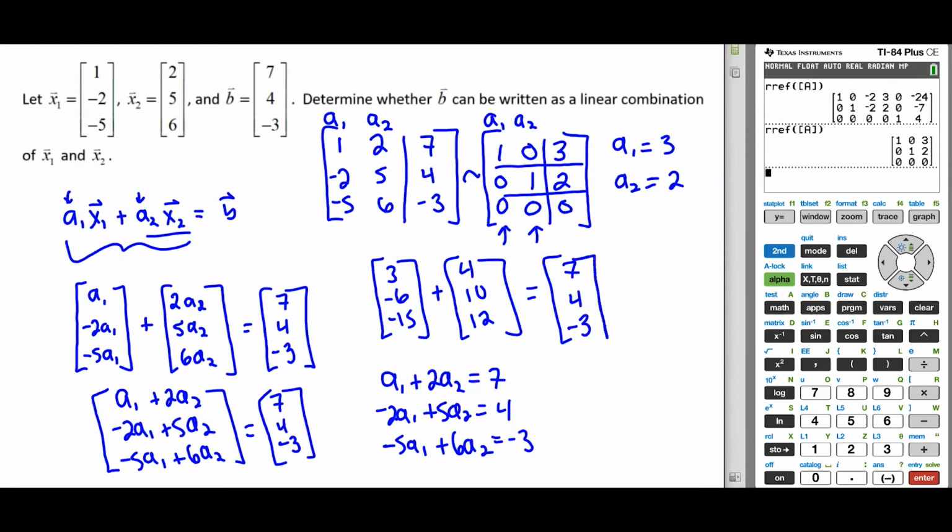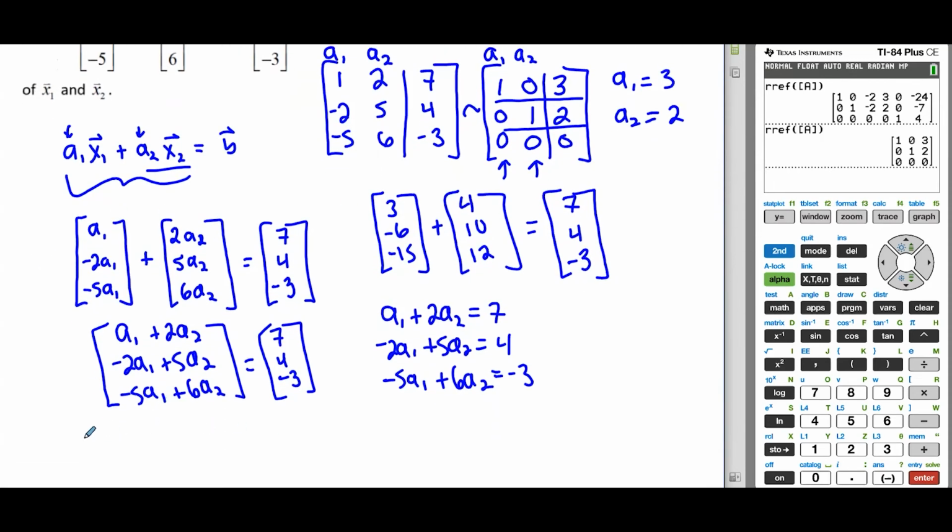And the answer is yes. So, determine whether b can be written as a linear combination of x1 and x2. The answer is yes. So let's write it down here. Yes, I can write b as 3x1 plus 2x2. And that's my linear combination.